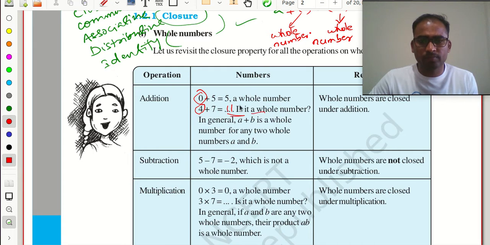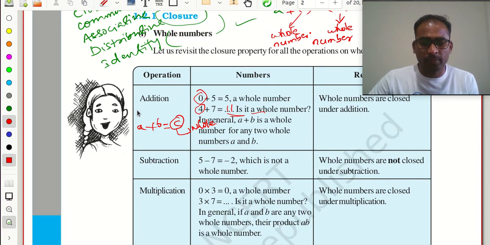Understood? So if I have a number A and add some whole number B to it, I get some number C, which is also a whole number. Then we can say whole numbers are closed under addition.